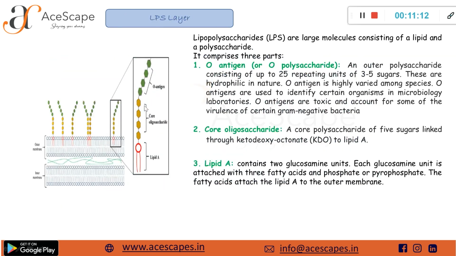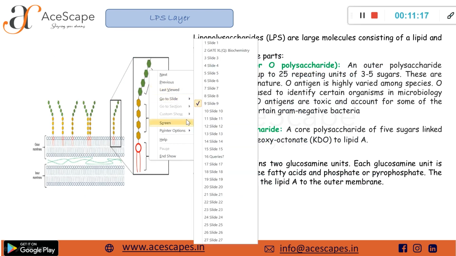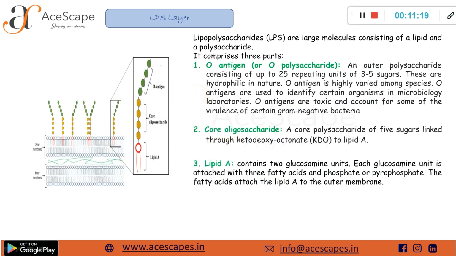The first part is the O antigen. The second is the core oligosaccharide, and the third is lipid A.